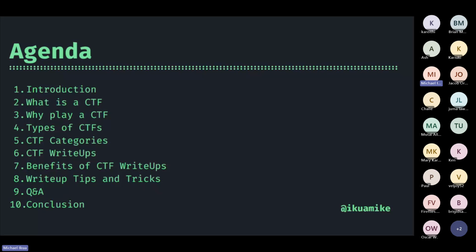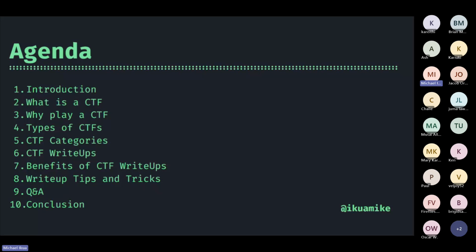Then we'll jump into write-ups, and then we'll talk about benefits, some tips and tricks, and then we'll close with Q&A. It won't be too long since I don't have anything technical that I'm covering in this session, so feel free to ask questions.